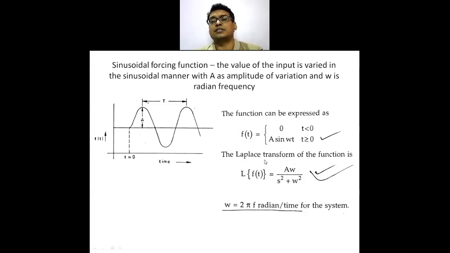The Laplace transform of this function A sine omega t, if you remember, becomes A omega upon s square plus omega square. Omega is the radian frequency, which is equal to 2 pi f. F is the frequency, that is cycles per unit time. Omega is radians per unit time, which is why it becomes 2 pi f.